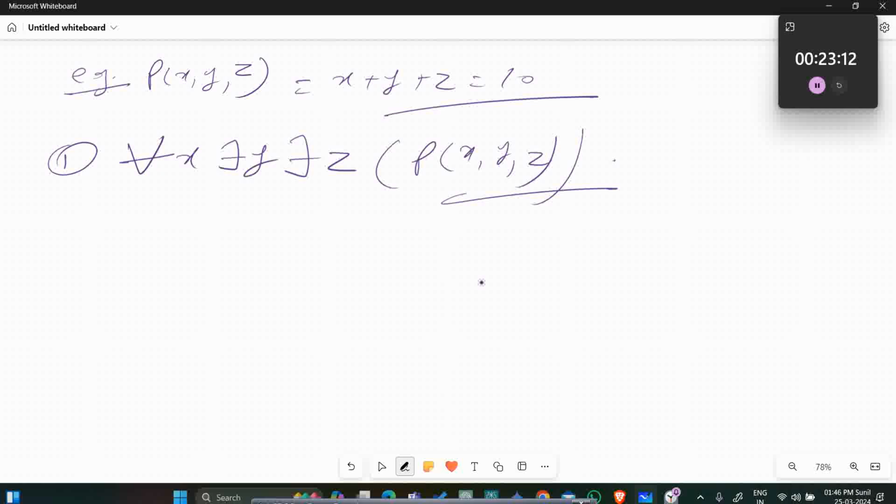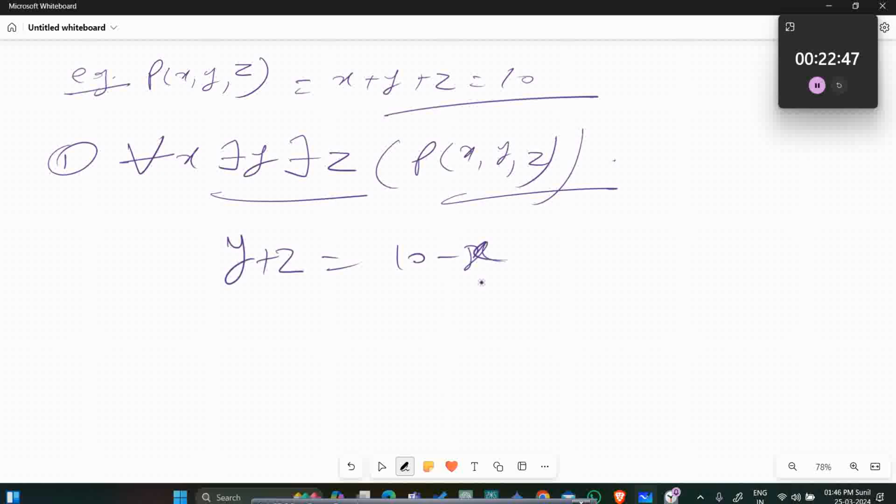To solve these types of questions, we can go for this. Let's say y and z are in their existential form, so we keep them right here. y plus z is equal to 10 minus x.